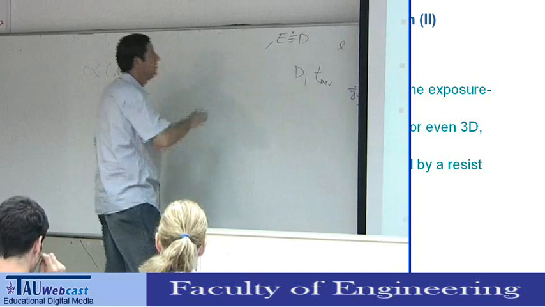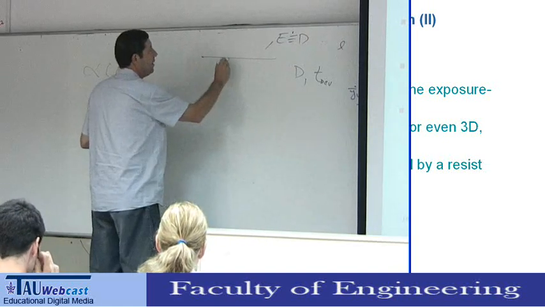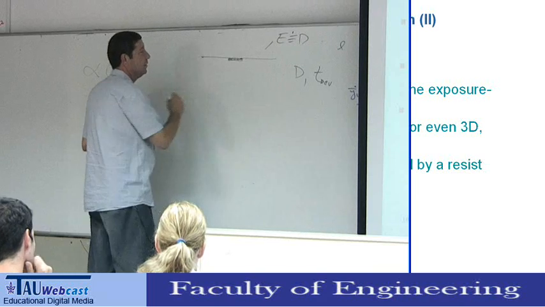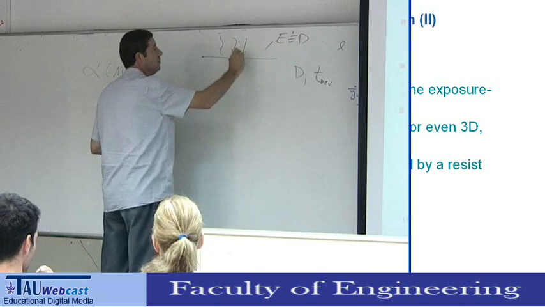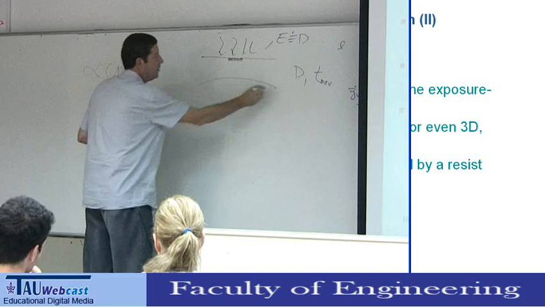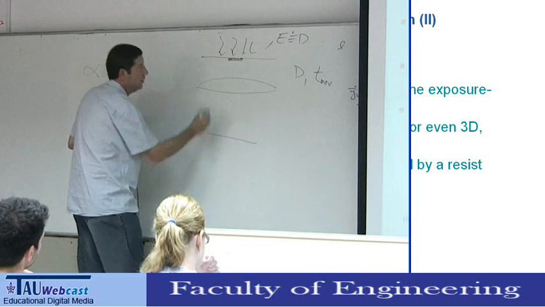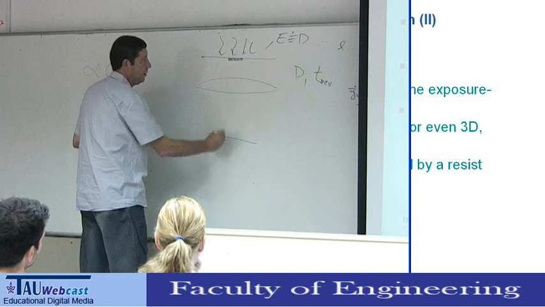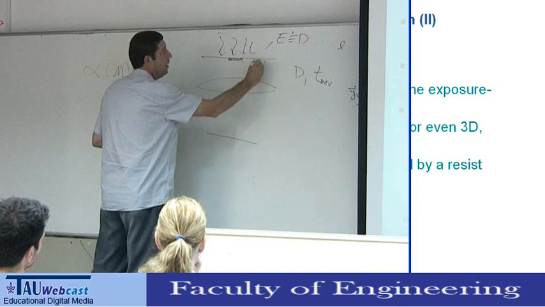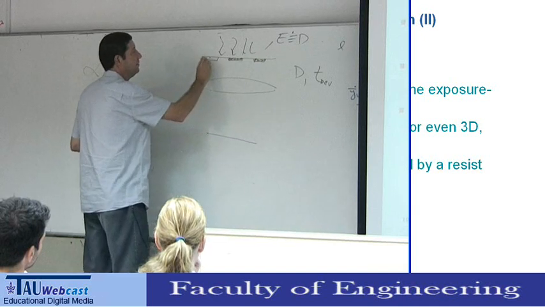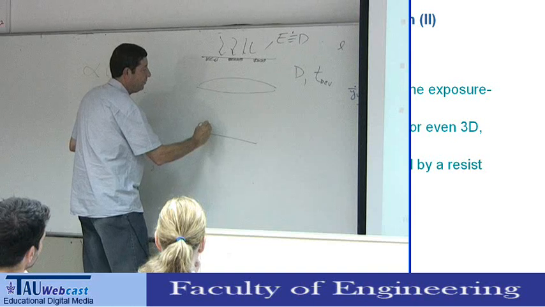As a rule of thumb, the more light... let's take a mask, and this mask is dark, and I illuminate, and this is the optics, and on the wafer I get, let's say, 2 lines or 3 lines. Where I illuminate, I remove the photoresist.